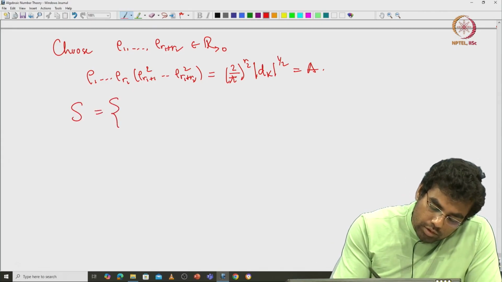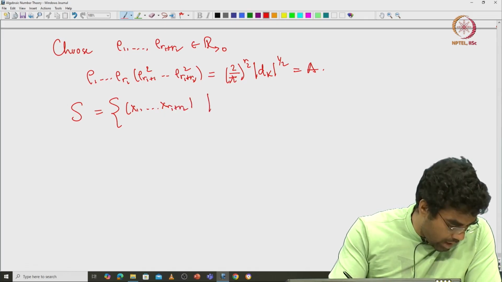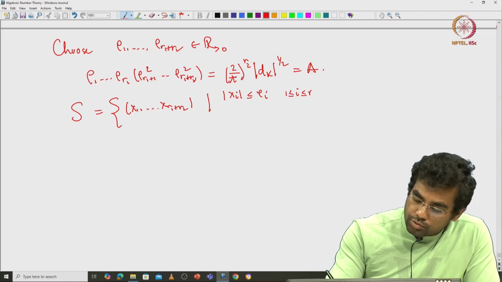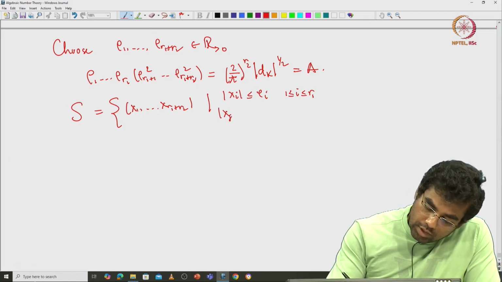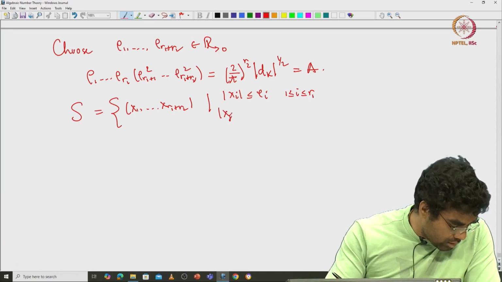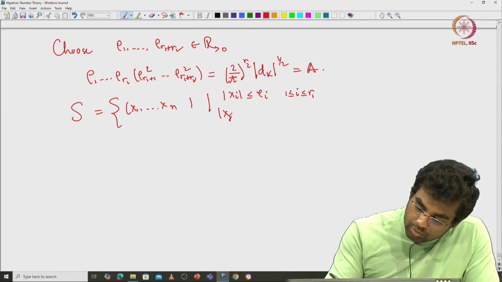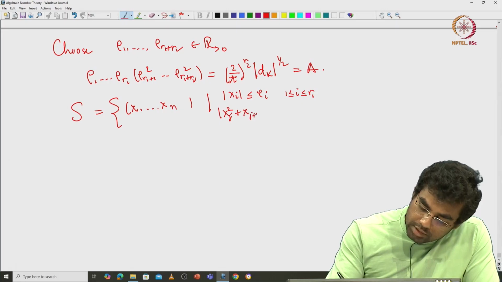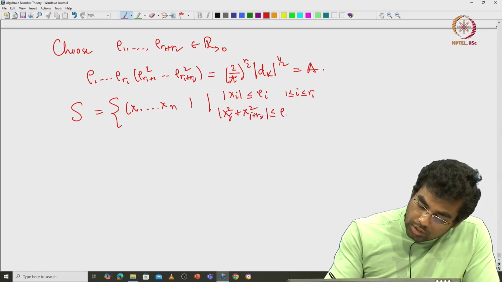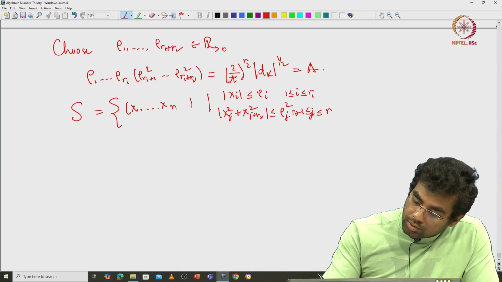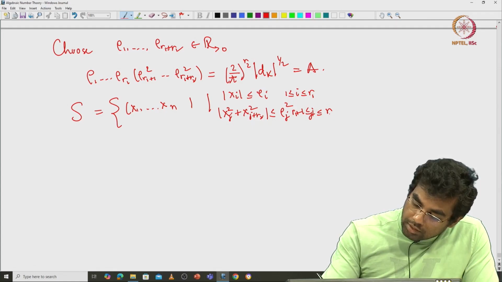And then for S, we chose x1 up to x_{r1 plus r2} such that mod of x_i is less than or equal to rho i as usual, and then x_j squared plus x_{j plus r2} squared is less than or equal to rho j squared for j between r1 plus 1 and r1 plus r2.